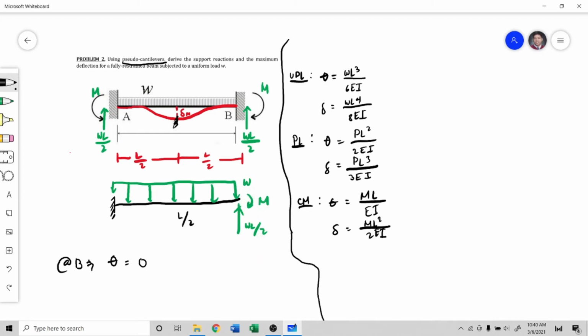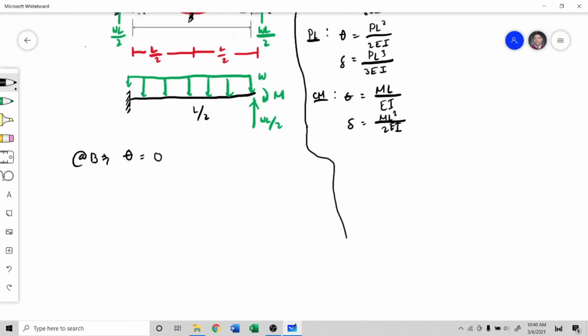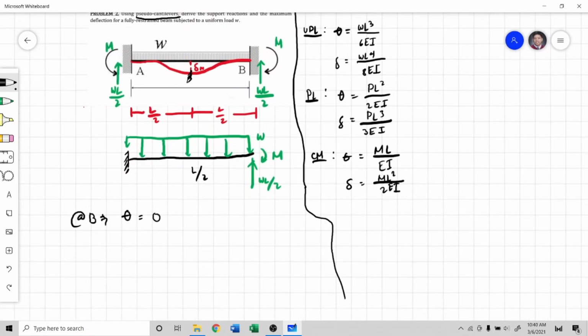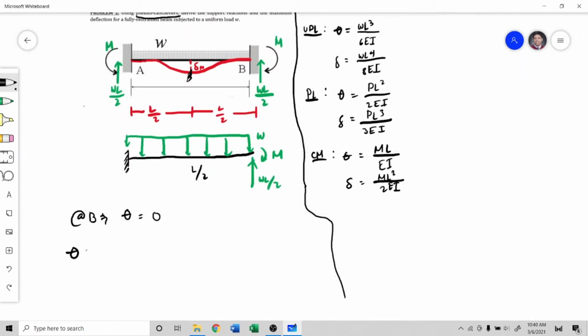So that means we have, let's say, using the principle of superposition, no? We have theta equals the contribution of the UDL plus the contribution of the concentrated moment minus the contribution of the point load. Additive yung UDL natin tsaka concentrated moment since same yung direction nila, no, ng bending.